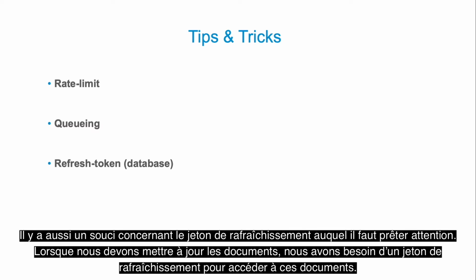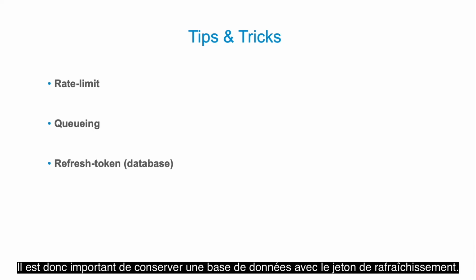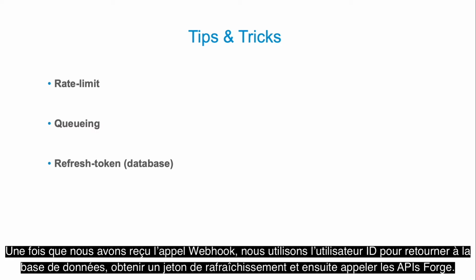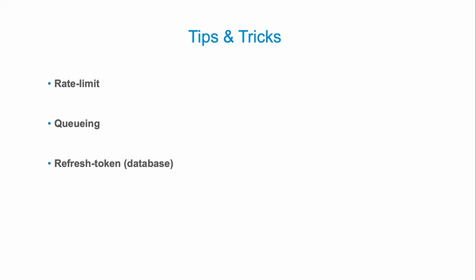And also there is a refresh token concern to pay attention to. When we have to update the documents, we need a refresh token to access that document. So it's important to keep a database with the refresh token, and once we get the callback from the webhook, we use the user ID to go back to the database, get a refresh token, and then call the Forge APIs.